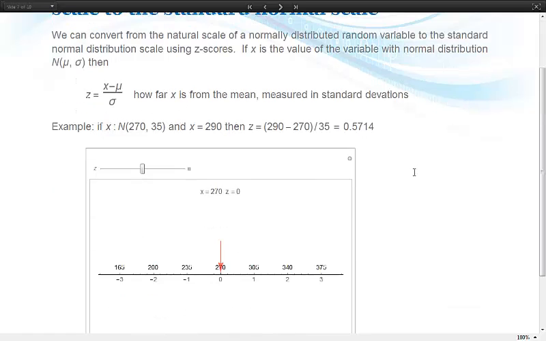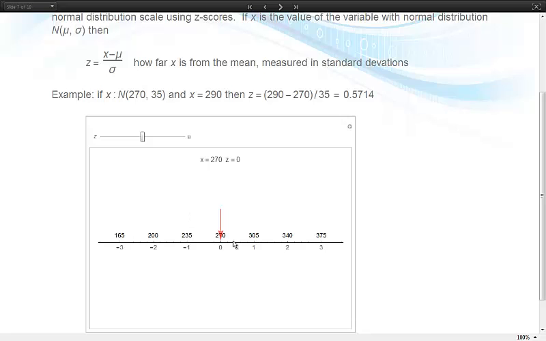So here's an illustration of mapping from the variable's natural scale. Here I've laid out the scale for 270 as a mean and 35 as a standard deviation. 270, if I go up 35, I get to 305. If I go up another 35, I get to 340. If I go up another 35, I get to 375. So that corresponds to going up 1, 2, 3 standard deviations.